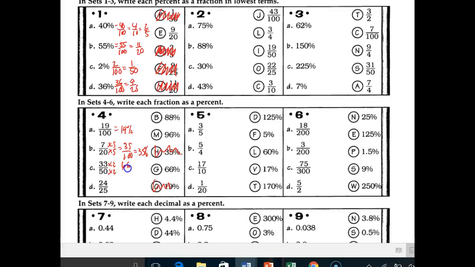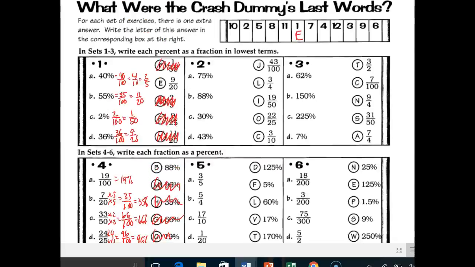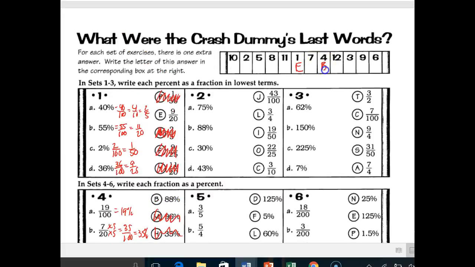You get 66 over 100, which is just 66%. So cross off G. And 24 over 25, we can multiply that by 4, right? Our quarters again. So we should get 96 over 100, which is 96%. So what did we use? We didn't use B. So on 4, I will put B right there.